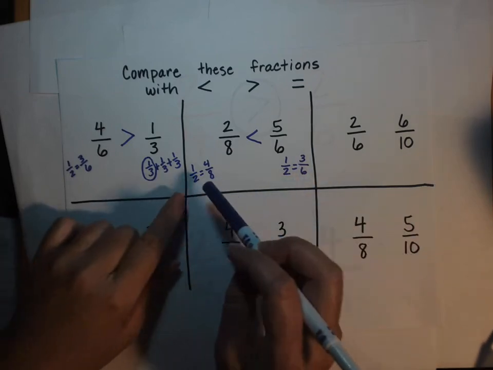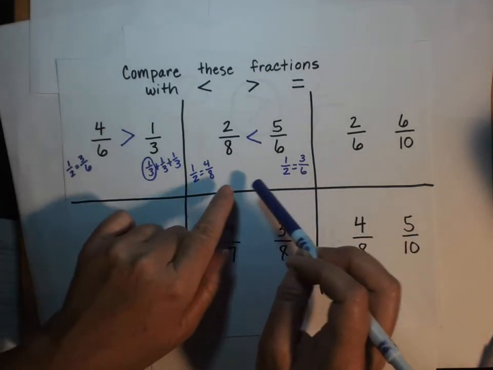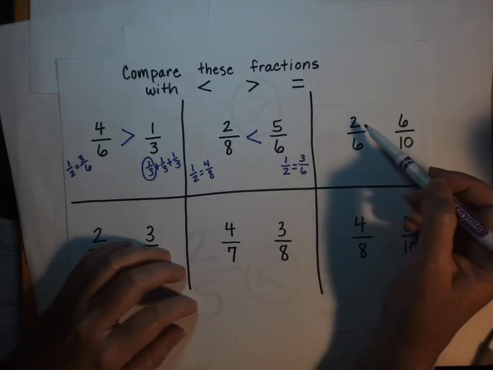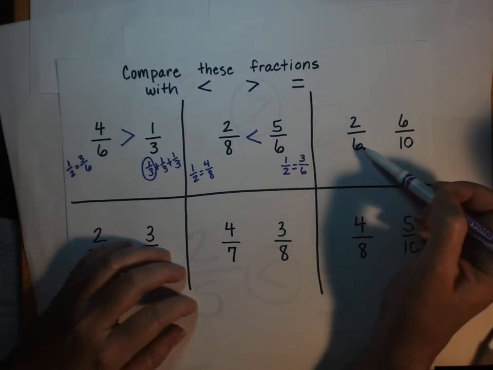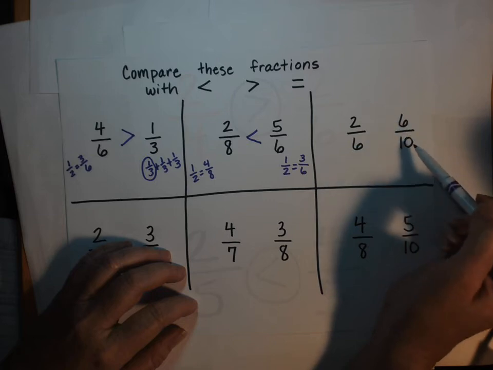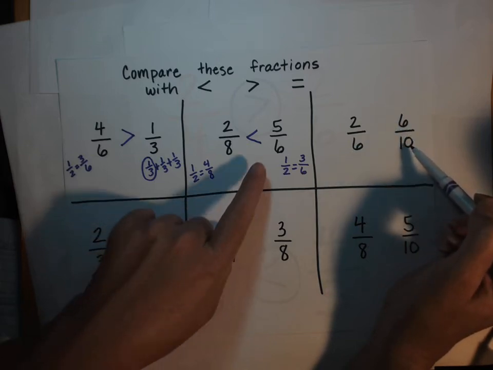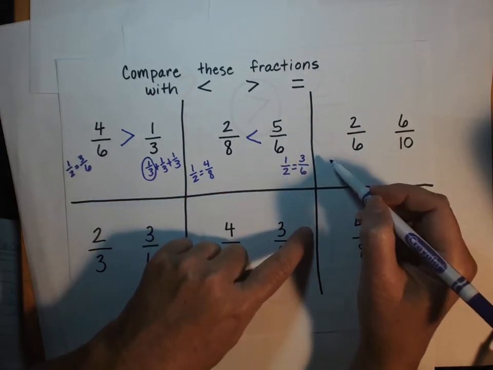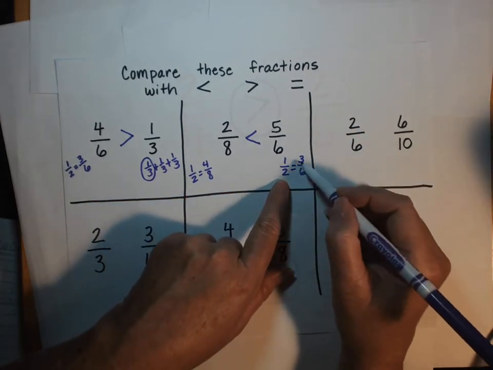Okay, so I'm using my half, 1/2, as a benchmark, remember? Now I have 2/6 and 6/10. Okay, so if we're talking about sixths, I already did the work right here, so I can just look right here.